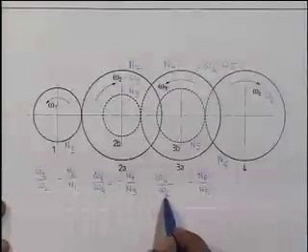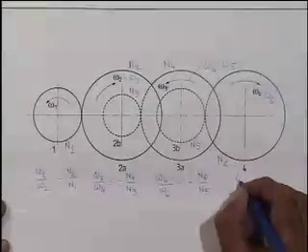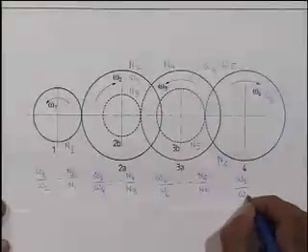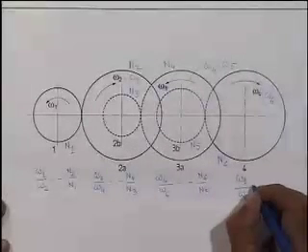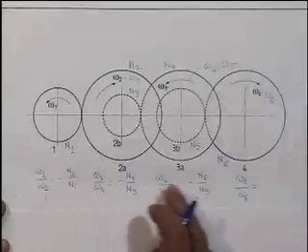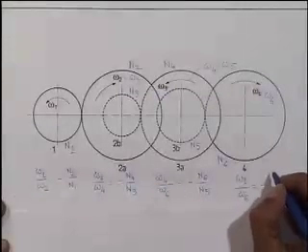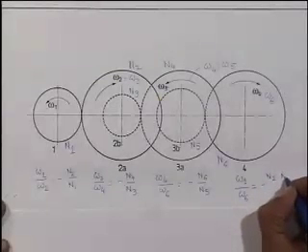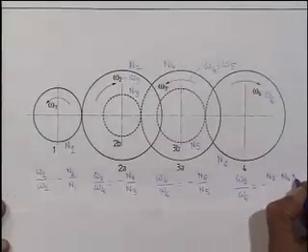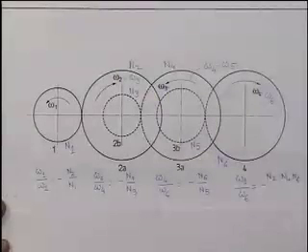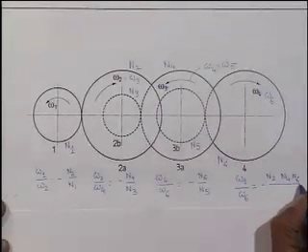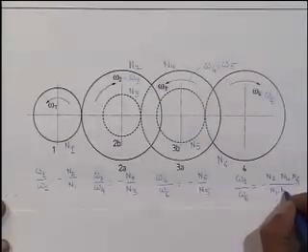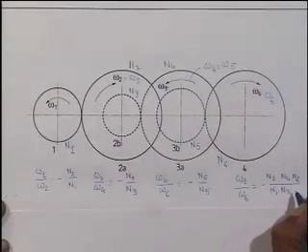I get the input by the output speed, omega 1 by omega 6, minus minus minus gives me minus, and here I have N2, N4, N6 divided by N1, N3, N5.